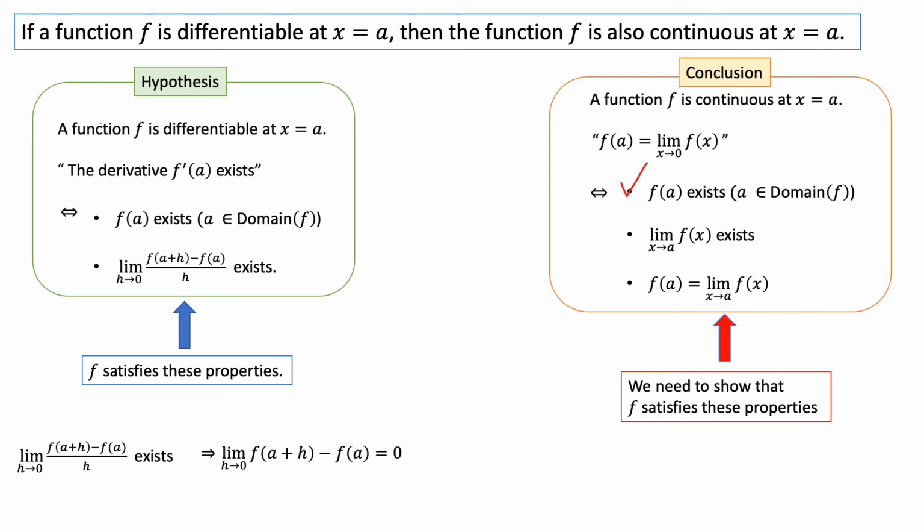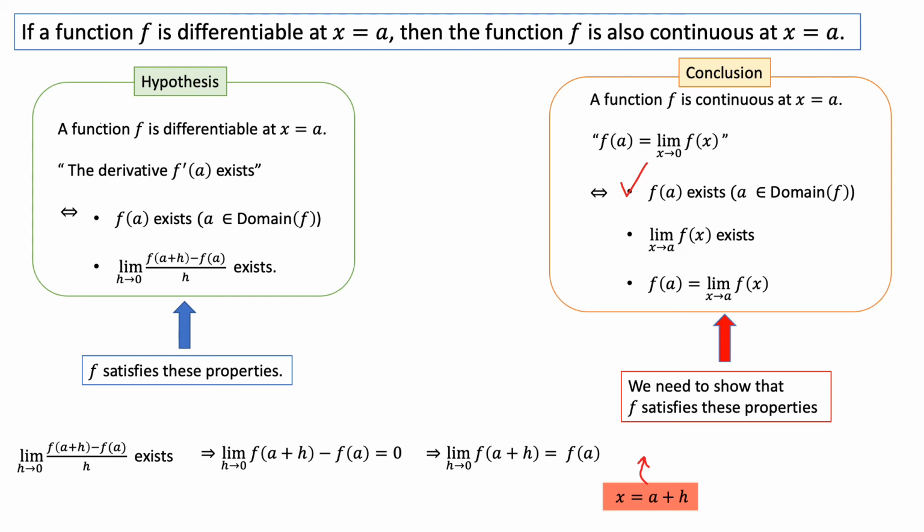Now let's look at the limit of the numerator. As h approaches 0, the second term, minus f of a, is fixed. So to have the limit of the difference be 0, the limit of f of a plus h must be f of a. Now let's replace a plus h by x.